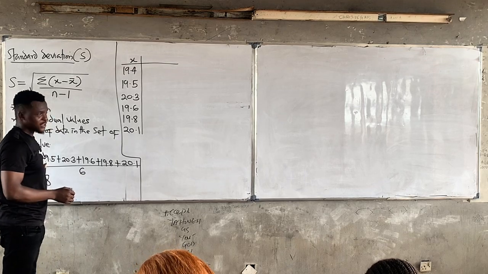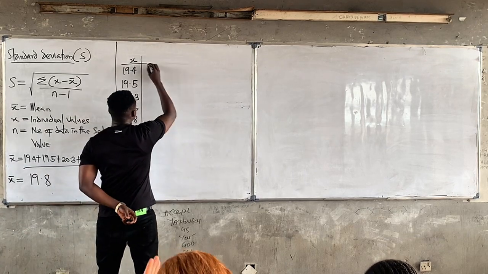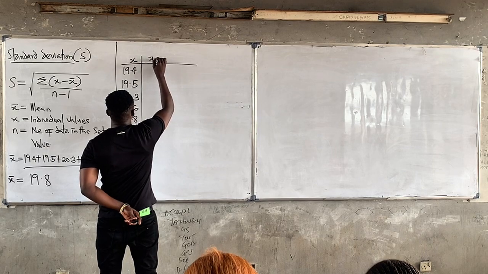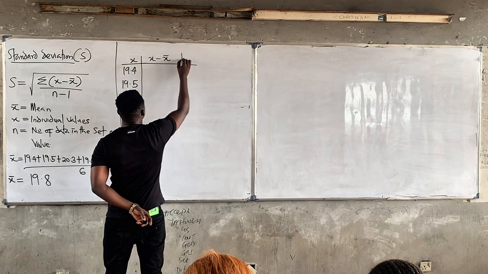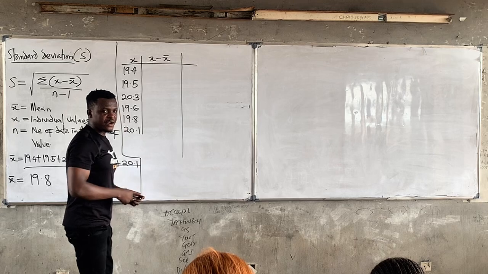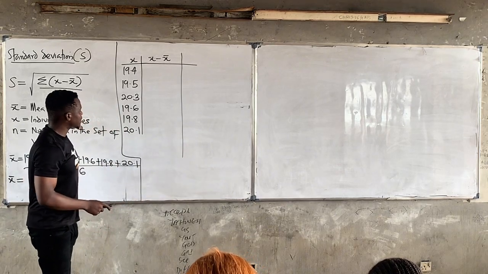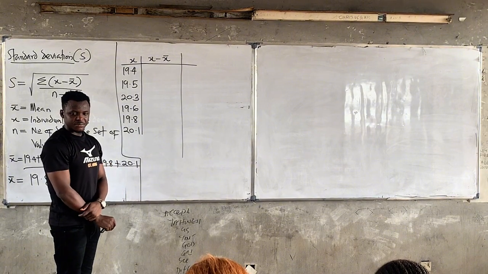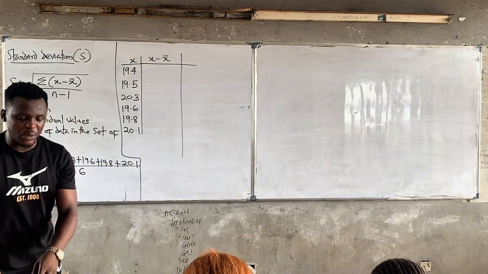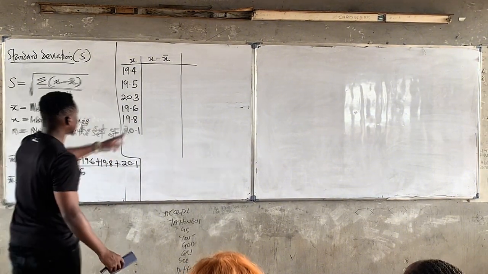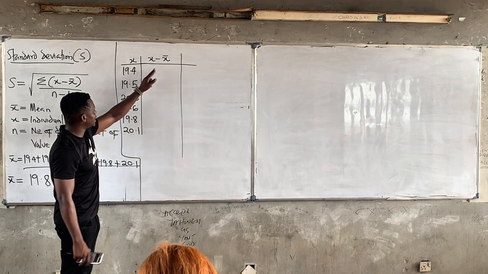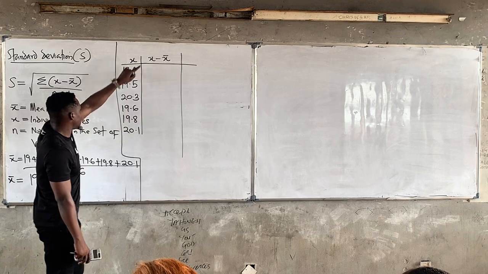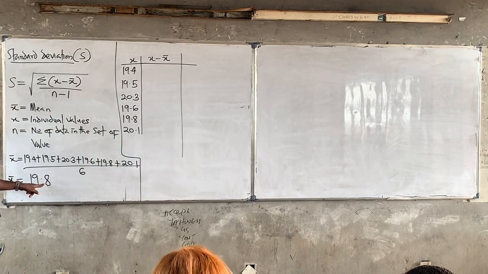Now the next column you're going to create is the deviation from the mean. This particular column is very, very important, class, because it tells us how much the value differs from the mean. So we're going to do it together. How do we get this column? Please look up. We get it by taking the value of x and subtracting the mean from it for each of the values.